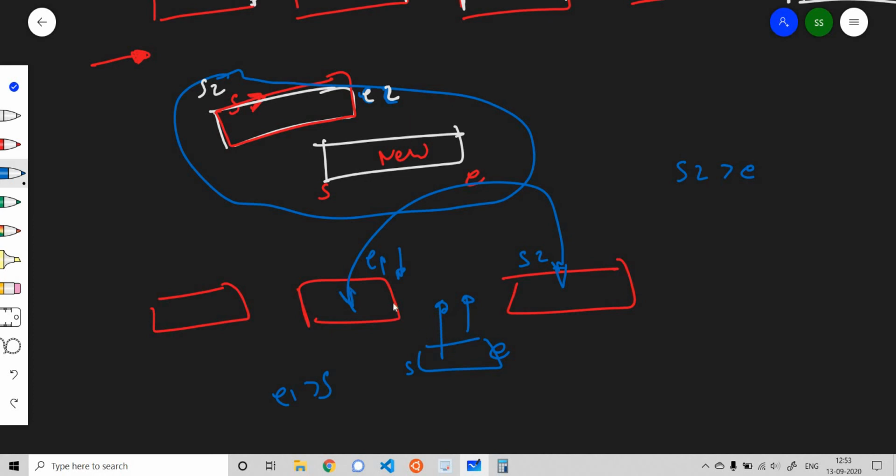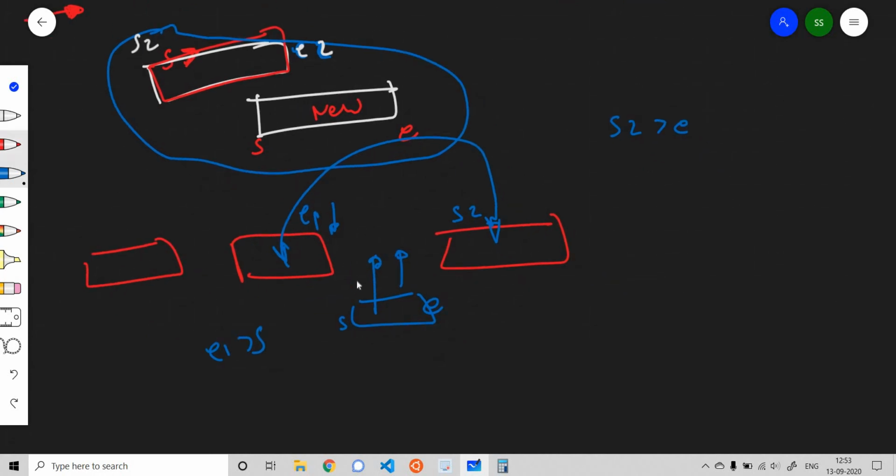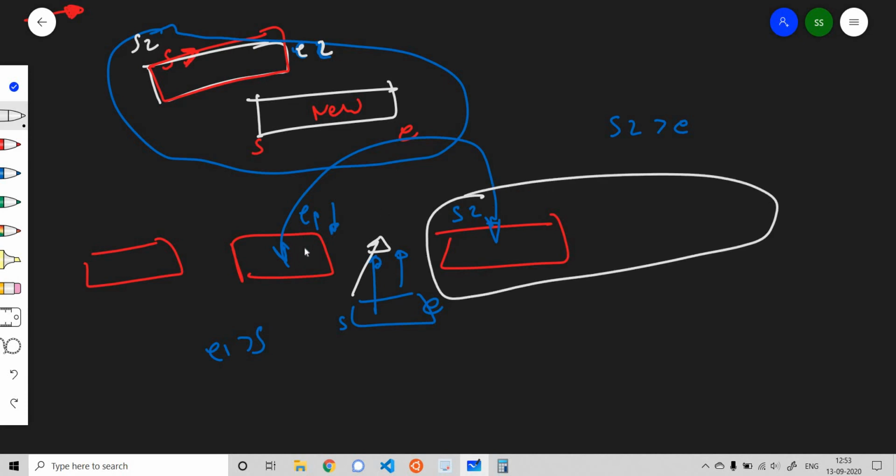I do not need to merge them. So I'll simply put my new interval here and then push back or insert the remaining intervals in my answer vector. This is for the second case.